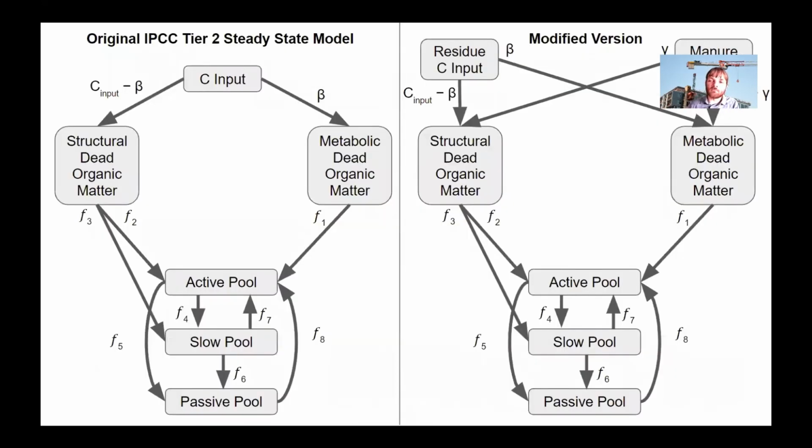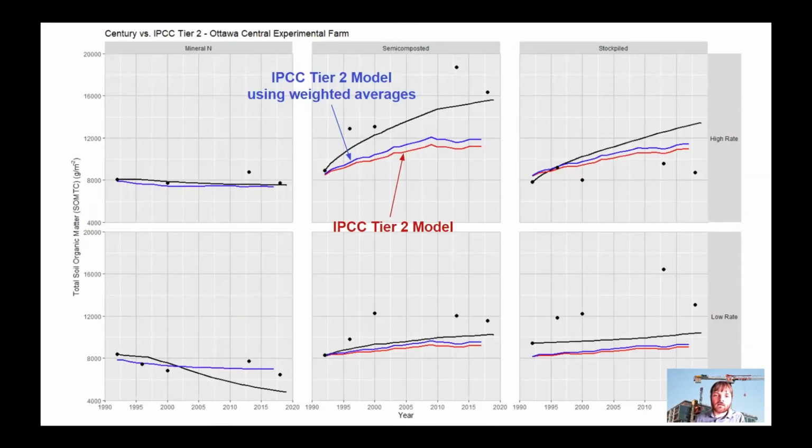So now I had to pull out the big guns. I wanted to modify the model. Here's the regular models on the left and the modified versions on the right. It's a very small modification, but I just wanted to add two different types of carbon input. There's residue carbon input and manure carbon input, and they have their own coefficients for how they're proportioned into the different soil carbon pools.